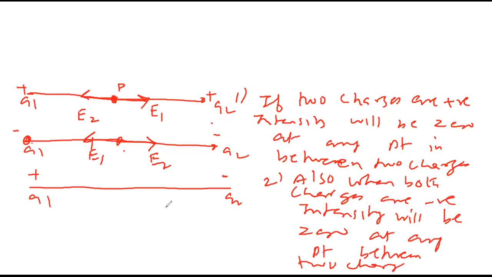Now third case, if one positive, one negative. If I consider anywhere in between, positive charge is outward, negative charge inward, can the intensity be zero? No, because direction is same, na?